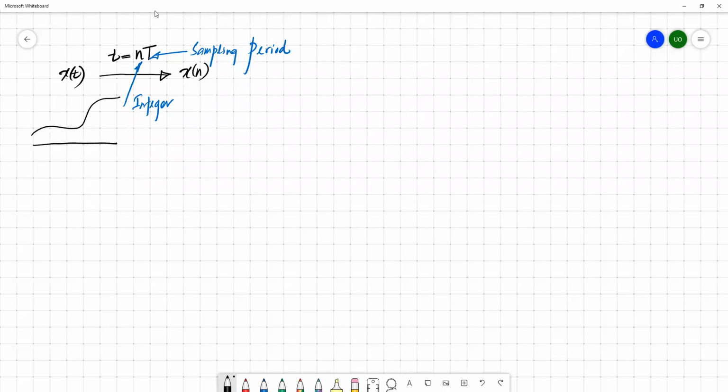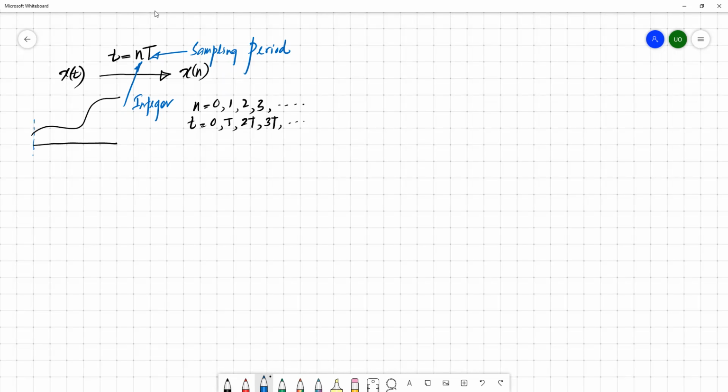For example, if you substitute n equals 0, 1, 2, 3 and so on, we get t equals 0, T, 2T, 3T and so on. These are the t values at which we capture the samples.